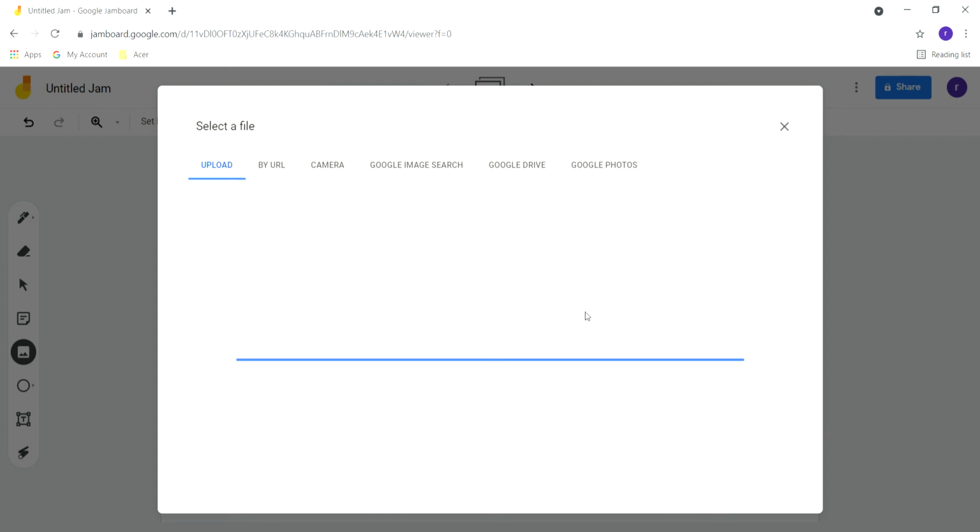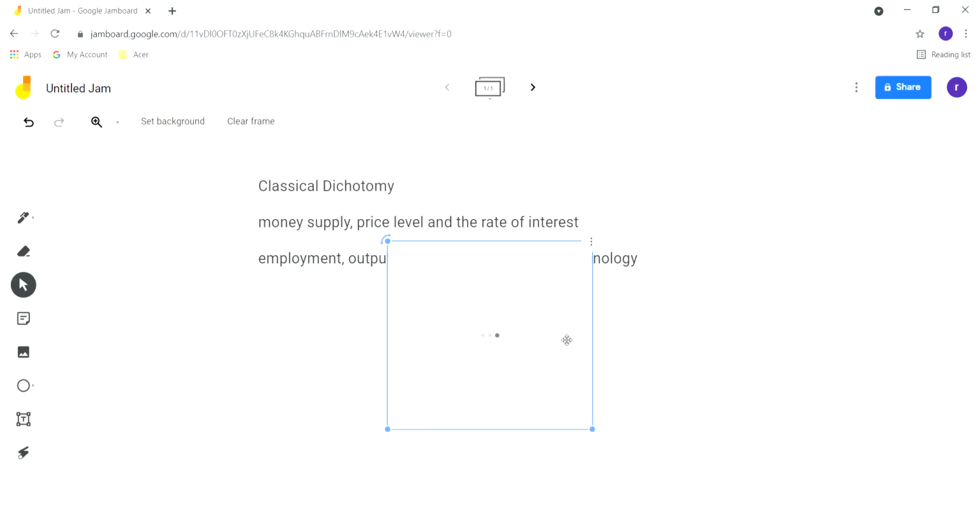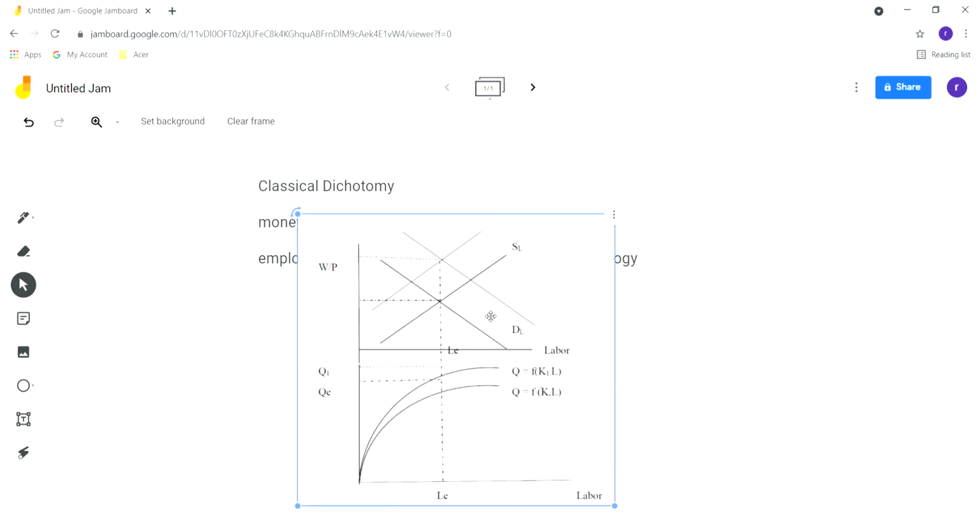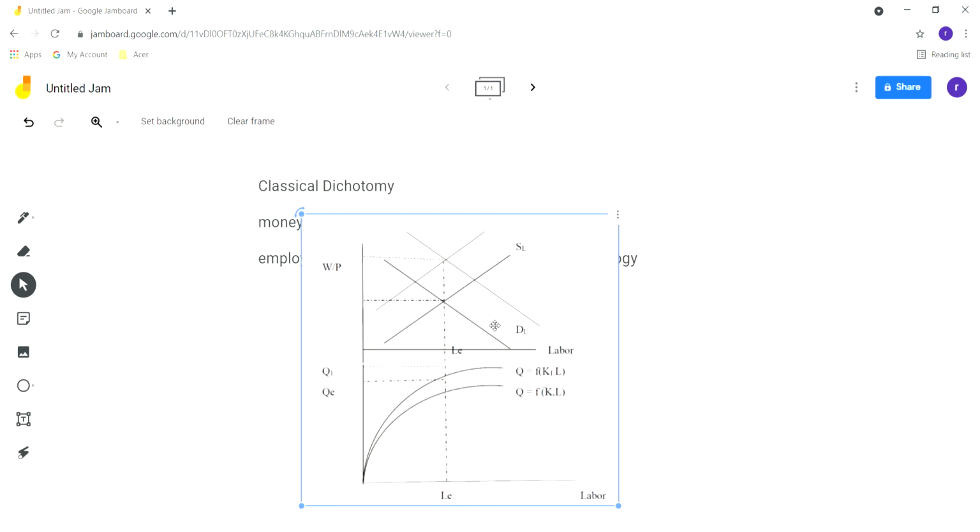So here we have the diagram. You can see it here. We have two quadrants for the diagram. On the first quadrant we have the new classical labor market, with a slight difference that here we have the nominal money supply instead of the real money supply.